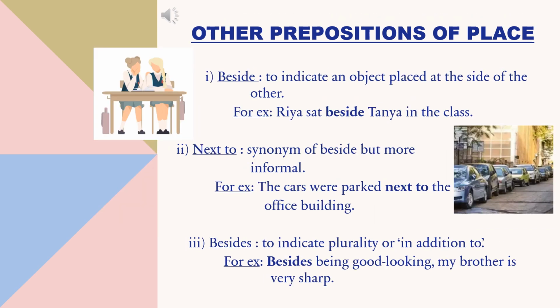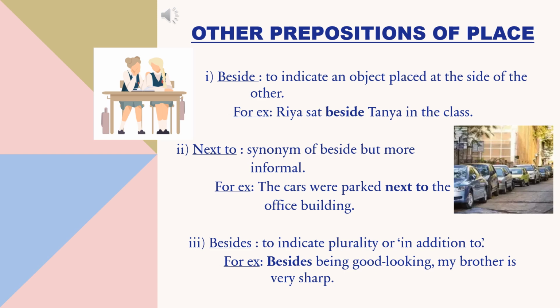Some other prepositions of place are beside. Now beside, again you can see in the word itself, it contains another word, side. So it is used to indicate an object placed at the side of the other. For example, Riya sat beside Tanya in the class.